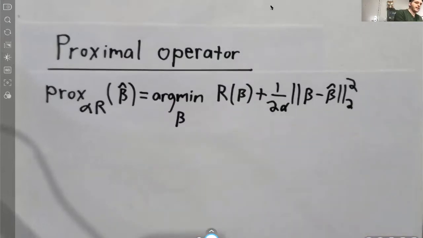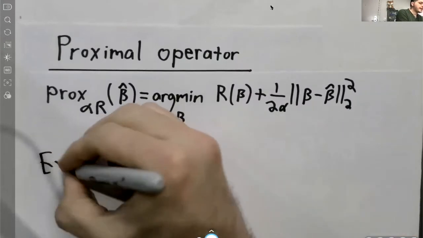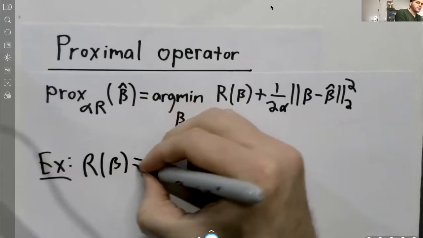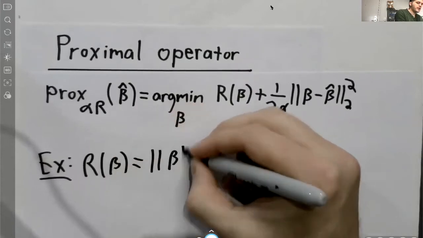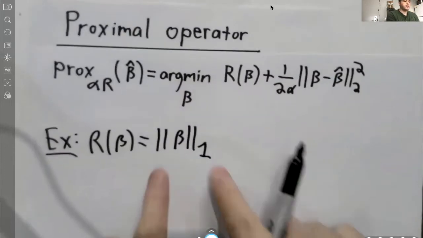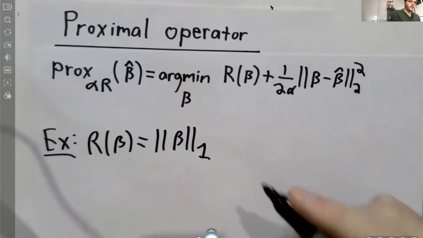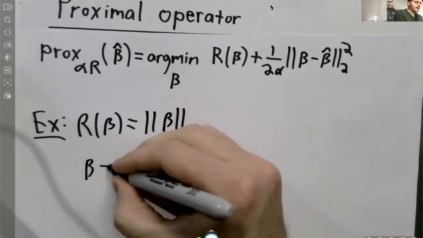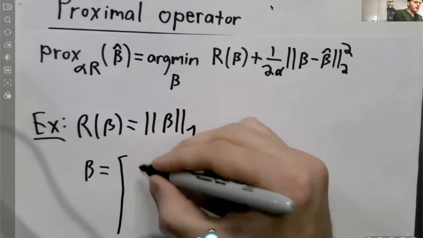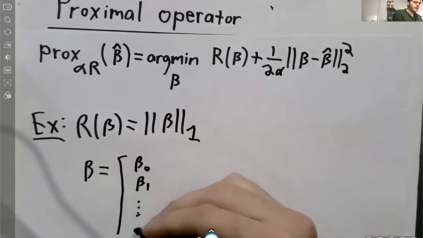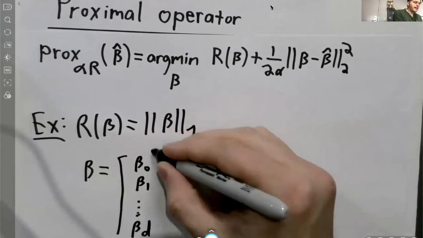So we're going to look at the special case where R of beta is equal to the L1 norm of beta. To be explicit about the meaning of this L1 norm, suppose that the components of beta are beta 0, beta 1, dot dot dot, beta d.